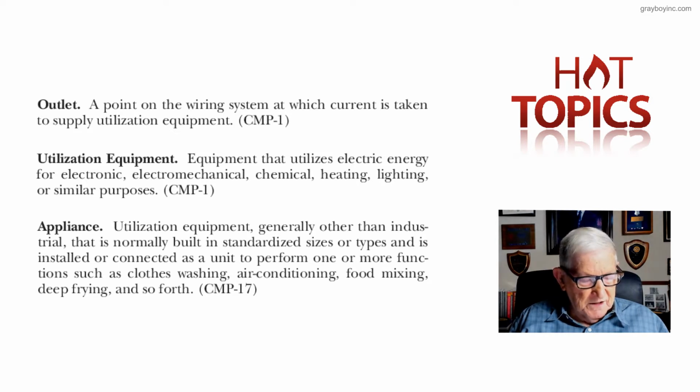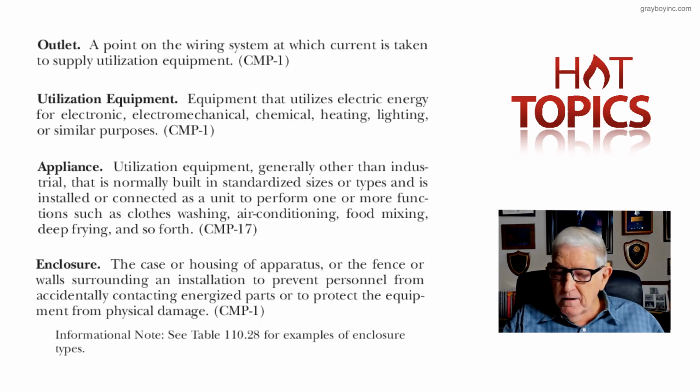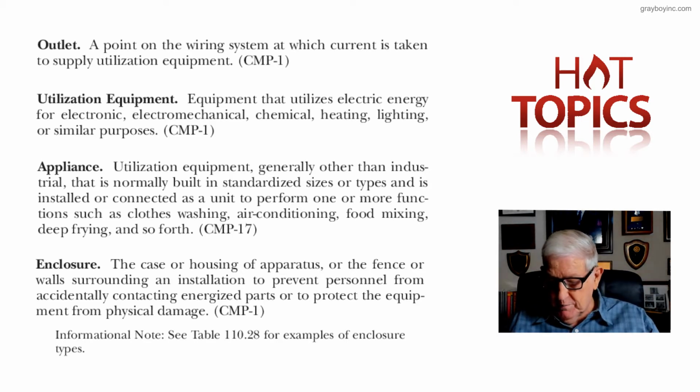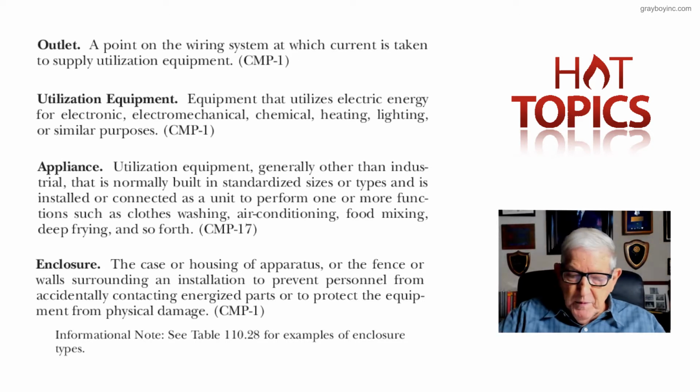Now, I believe the next thing that we should probably review would be an enclosure, because it seems like folks are saying, well, an enclosure could be an outlet point where you would receive the power, where it's a controller, a disconnect, or whatever it may be. So let's go to page 35, if you will, with me, please. On page 35, on the right-hand side of the page at the very top, enclosure.